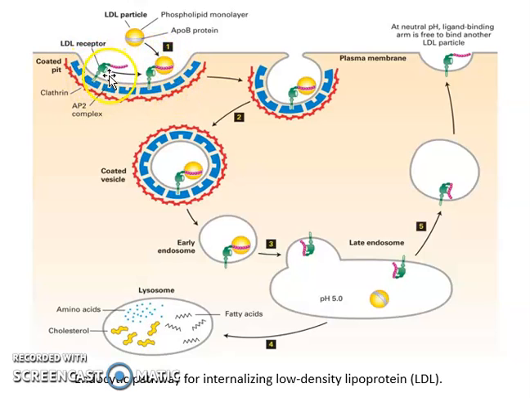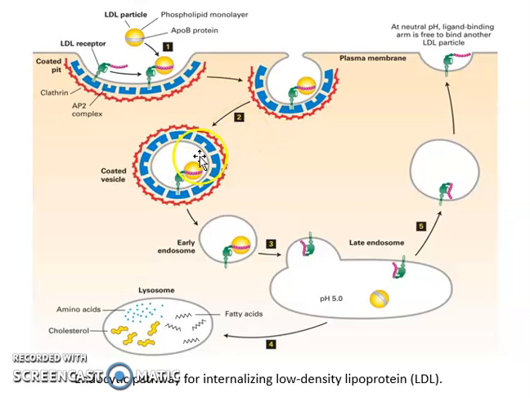After binding, the receptor interacts with the AP2 coat protein, and in a specific process a portion of the plasma membrane invaginates, and gradually a coated vesicle forms, taking the LDL receptor and the LDL particle inside the coated vesicle.